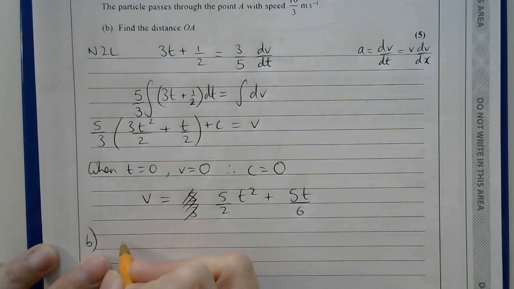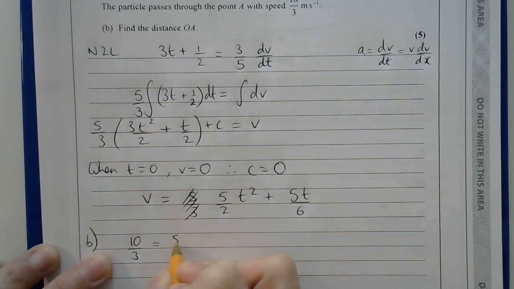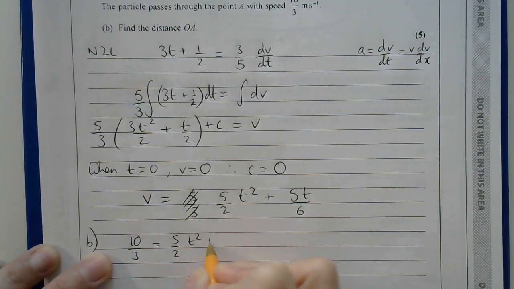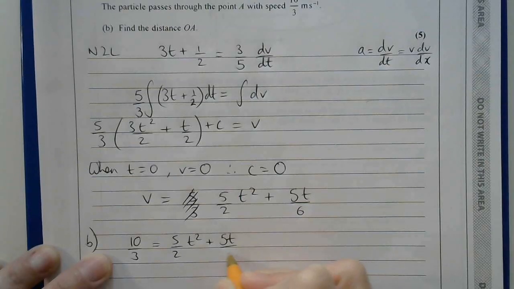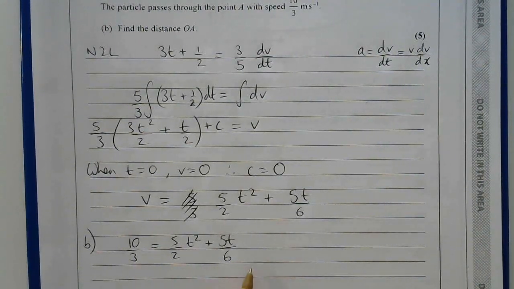So I get that 10/3 is equal to 5/2 t squared plus 5t over 6, and I'm trying to work out at what value of t this works. So I can see I've got a quadratic equation.